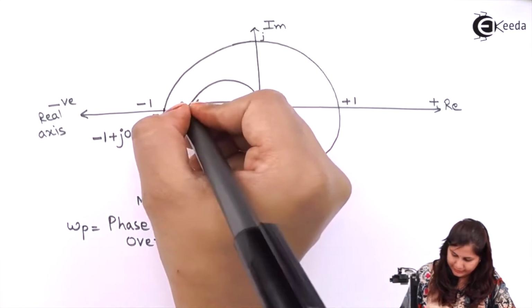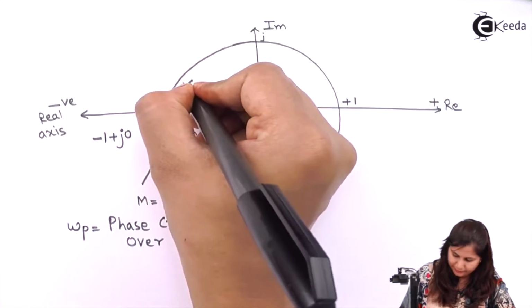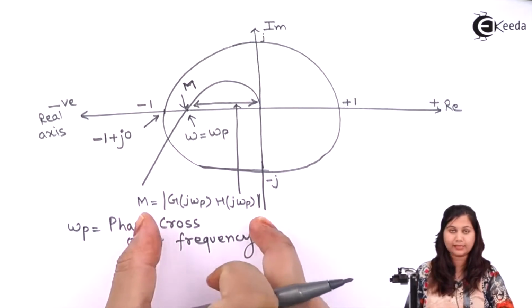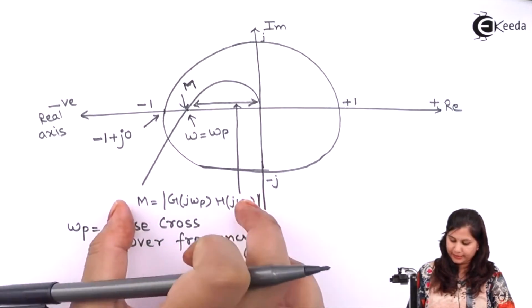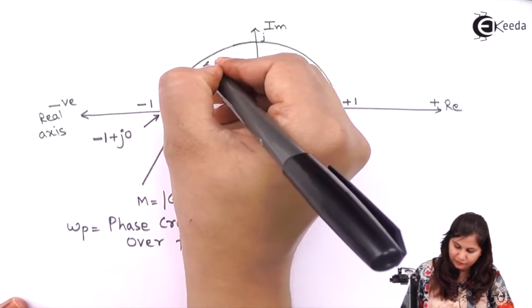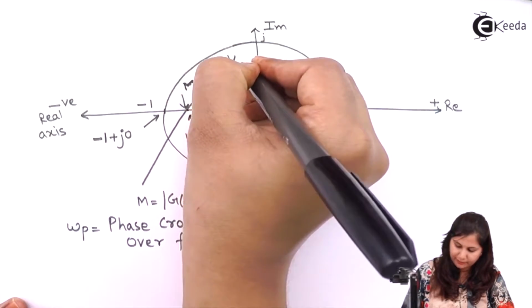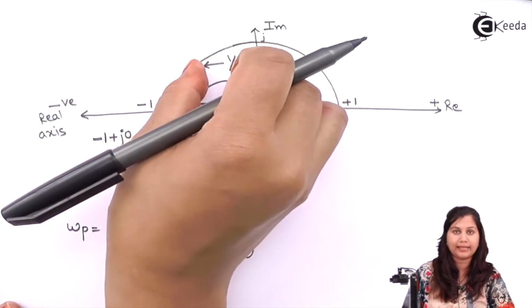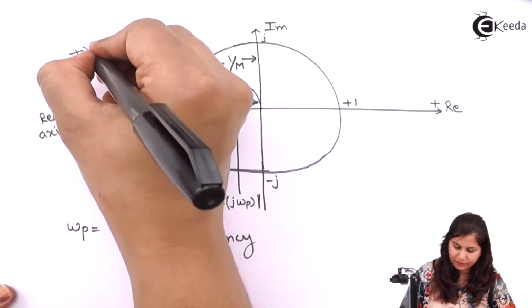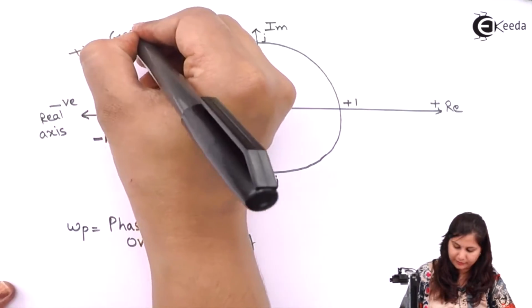This magnitude M is the gain we have calculated, and the gain margin will be the reciprocal of this magnitude, that is 1 by M. So we have a positive gain margin here.